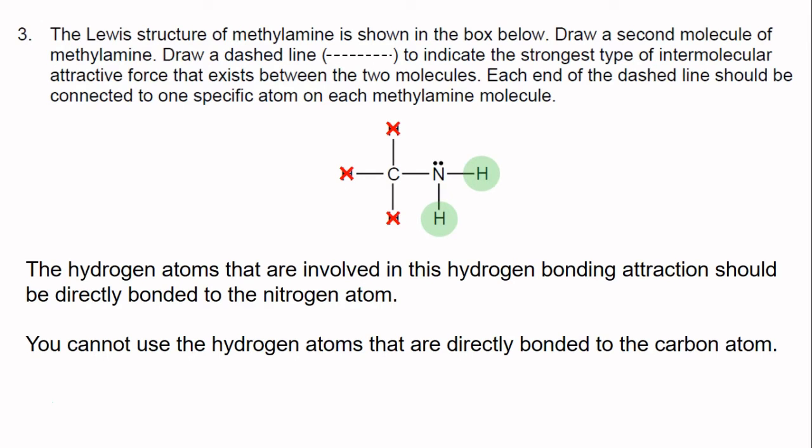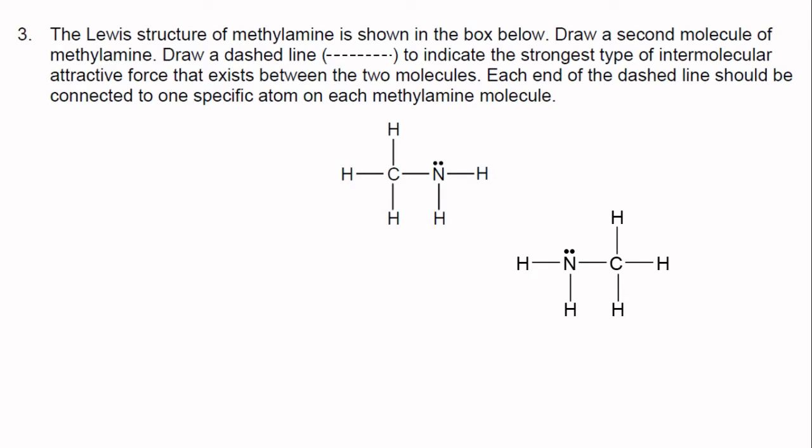So I'll show you one example of what would be correct and one example of something that would be incorrect. So here is one way to do it. I've drawn another molecule of methylamine, and I've drawn it in such a way that the hydrogen connected to the nitrogen reaches out with this dashed line and forms a connection to the nitrogen on the second molecule.